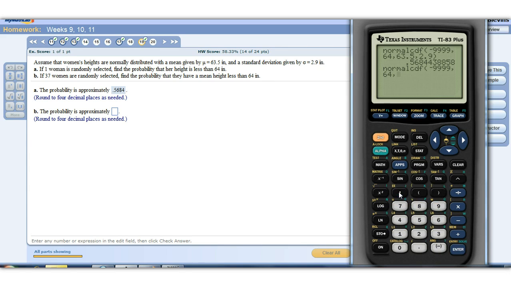The mean height is still 63.5, just the way it was in the original distribution. But now our standard deviation is the original standard deviation divided by the square root of the sample size of 37. And then there's our number, 0.8529.